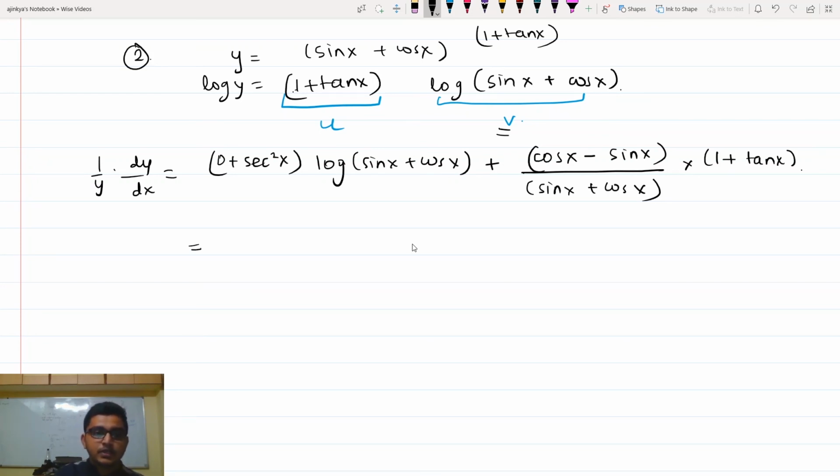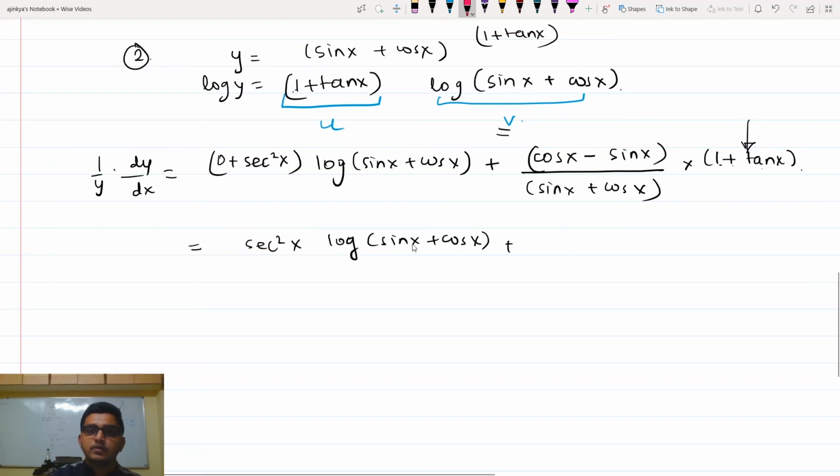So we can write sec square x as it is, sec square x times log of sine x plus cos of x, and here in this particular part, we can say that 1 plus tan x can be written as 1 plus sin x upon cos x, and then it can be also written as cos x plus sin x, everything divided by cos of x.